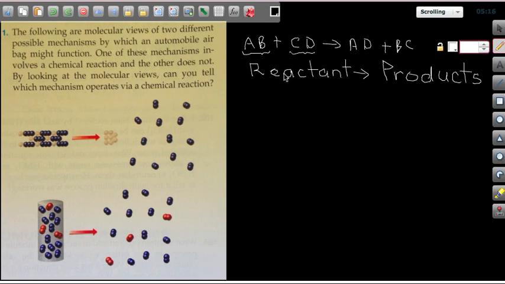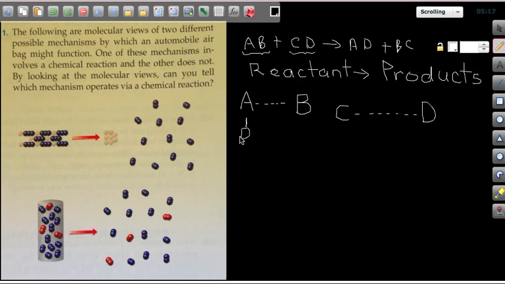So what really happens is that the bonding between A and B breaks, and the bonding between C and D breaks, and new bonds are being formed.